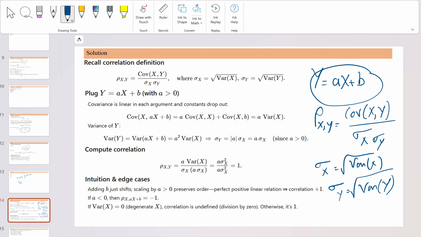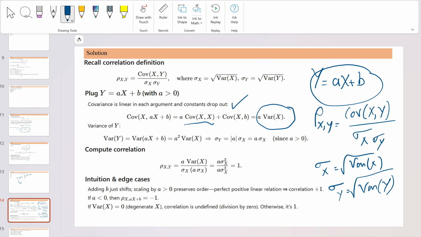Plugging in y equal to ax plus b with a greater than 0, covariance is linear in each argument and constants drop out. So a will come out, and it becomes a times covariance of x comma x plus covariance of x comma b.